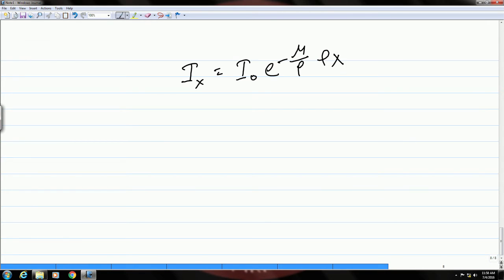Now, we can define another parameter, m, given by mu by rho, and this parameter is known as the mass absorption coefficient.